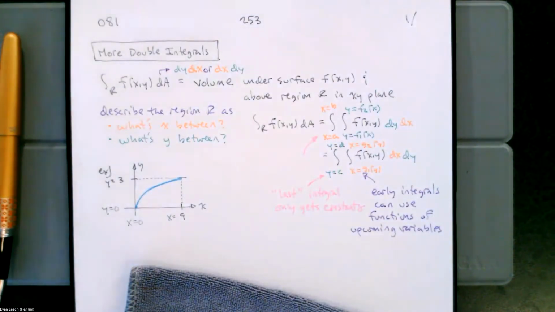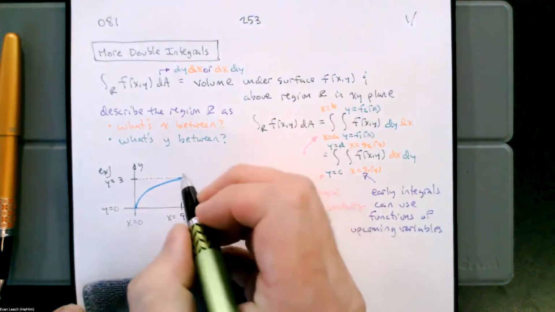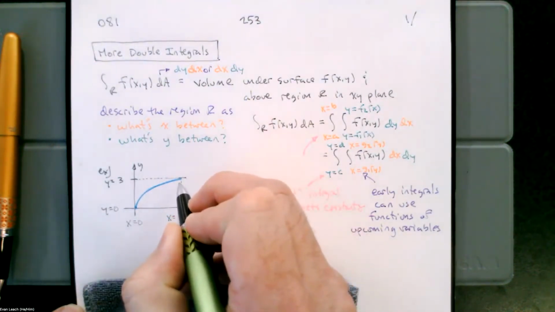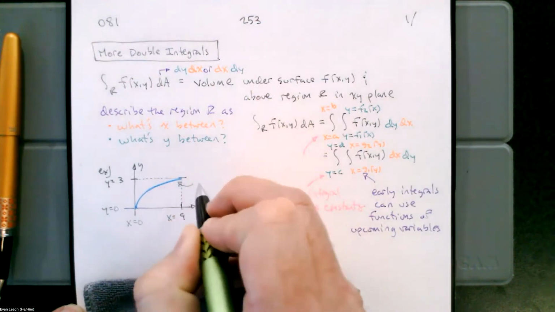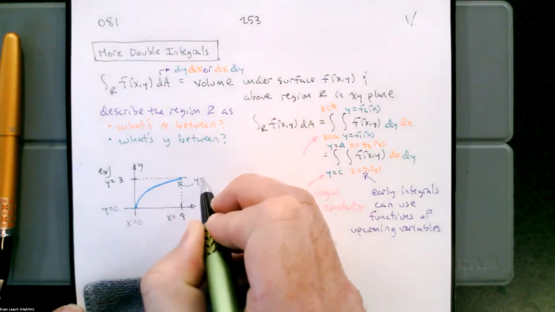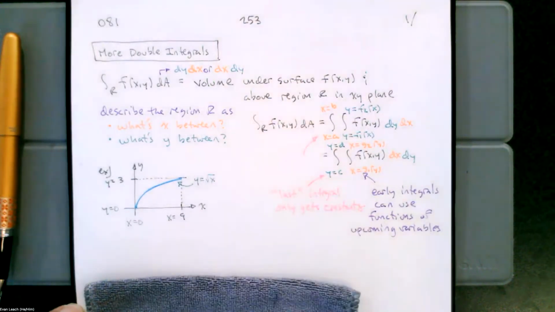I'm going to use this function, this parabola, even though it is super basic. And this is the function y equals square root of x.